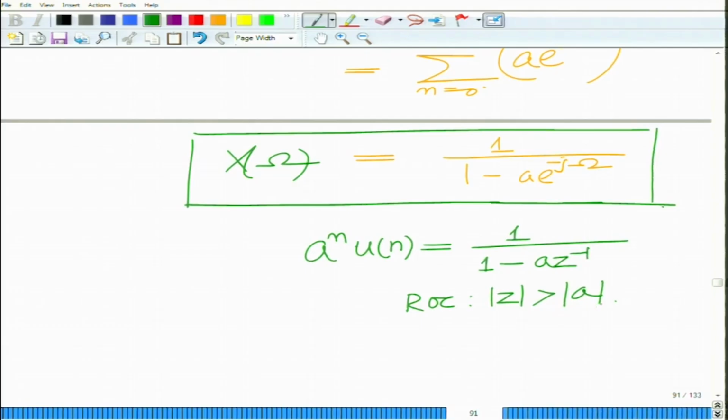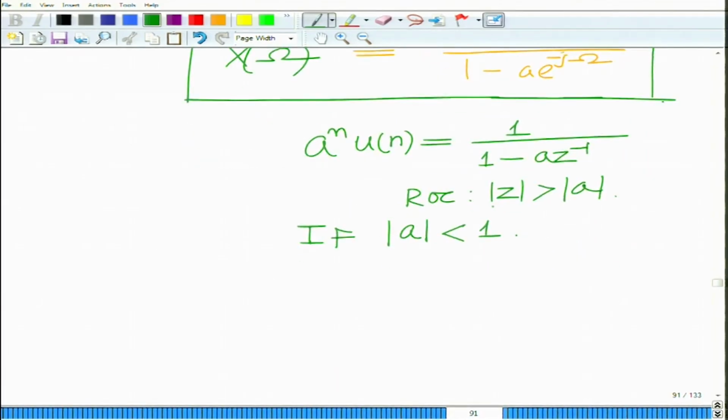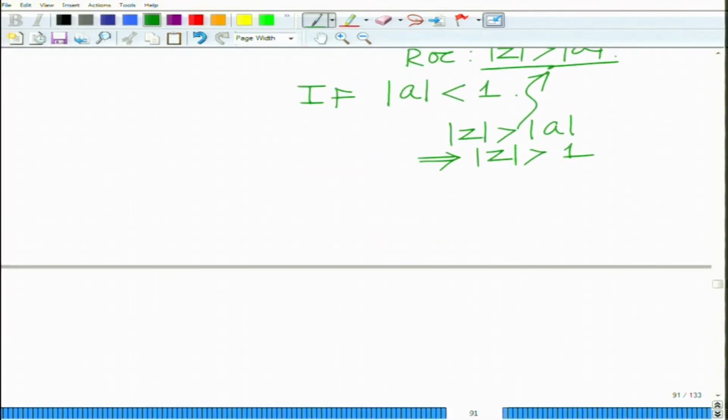Now, if magnitude a is less than 1, then magnitude z greater than magnitude a implies the ROC includes the unit circle. So the ROC includes the unit circle, and this can be seen as follows.